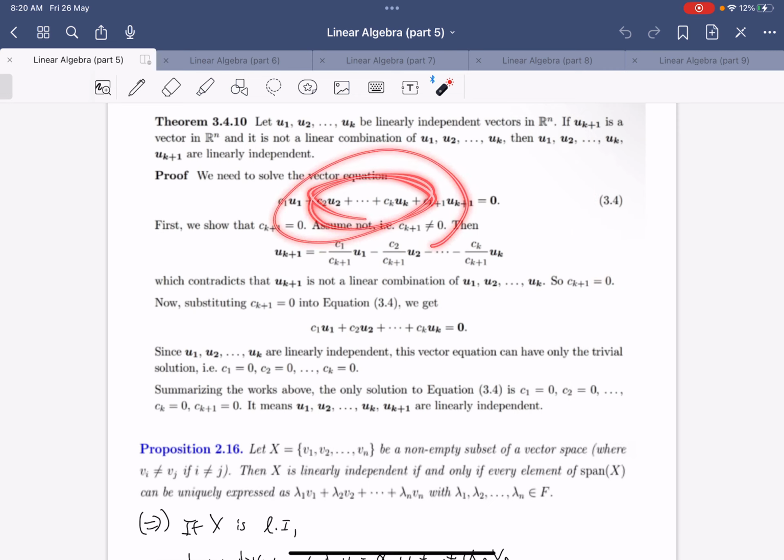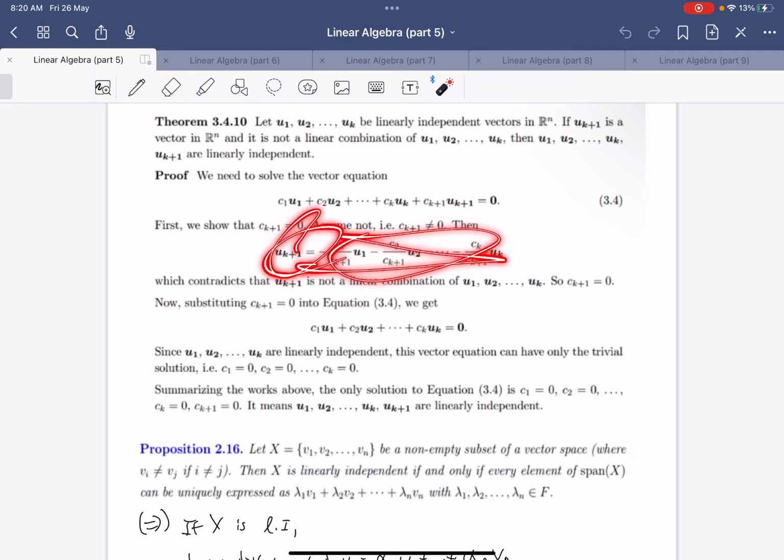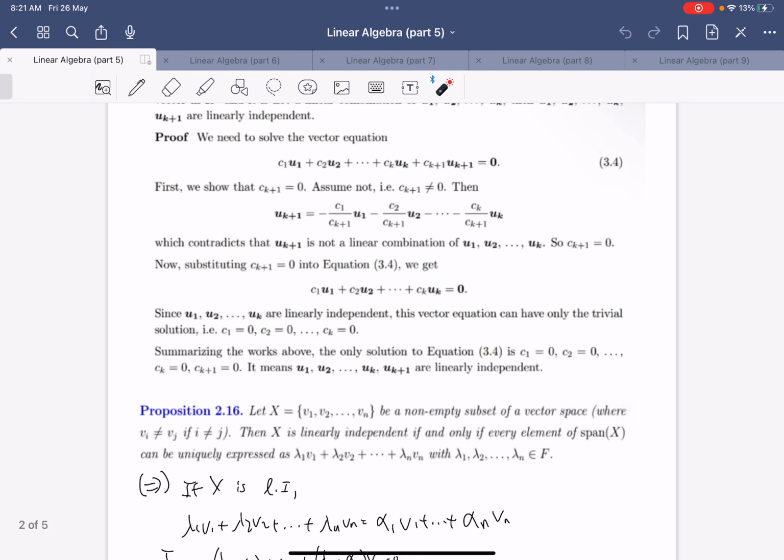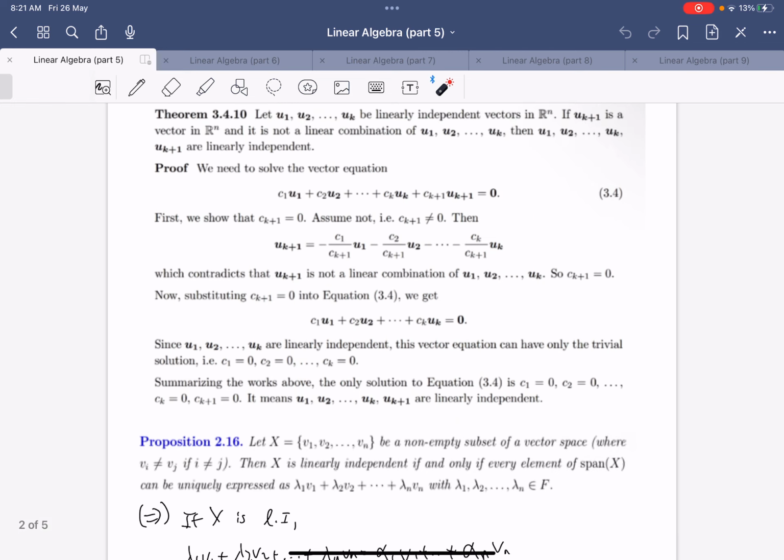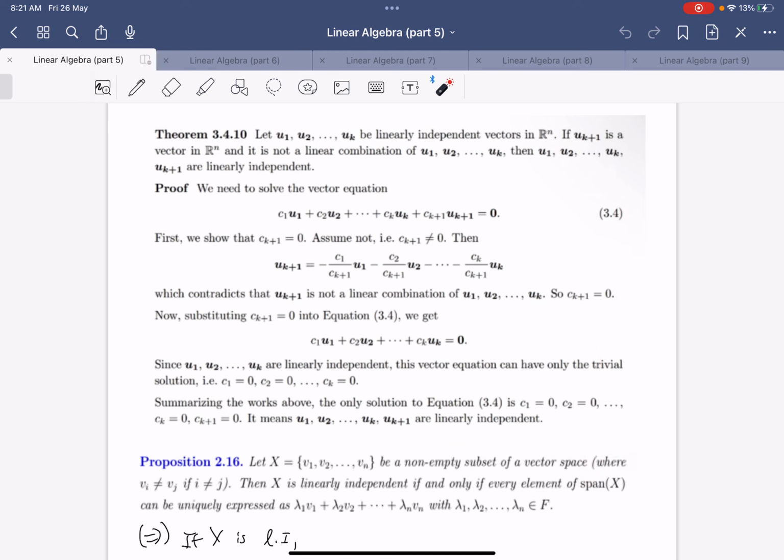You take a vector equation, and first show that C(k+1) can't be non-zero, because if you assume it is non-zero, then U(k+1) can equal a linear combination of the others. So it must be 0, and then when this part is 0, you show that everything else is 0 as well. Hence the only solution is if C1 to C(k+1) are all 0, and this means U1 to U(k+1) is linearly independent. This is for the Rn case, but you can easily generalize it by removing Rn and putting V.